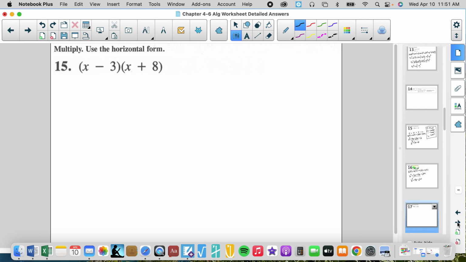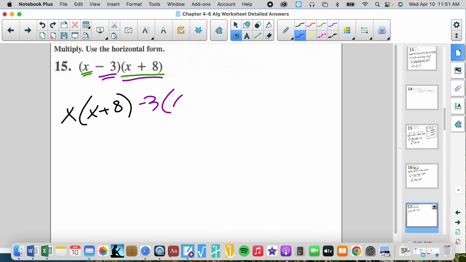Now here's a third way. What? A third way? Yes, a third way. We're going to take this and distribute it into that. So that's going to look like x times x plus 8. And then we're going to take this term and distribute it into the parentheses.